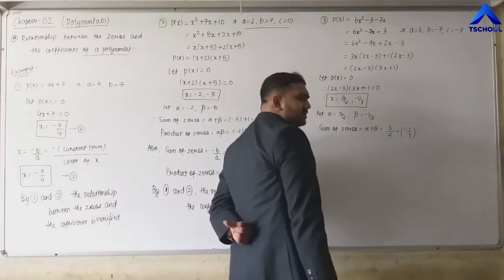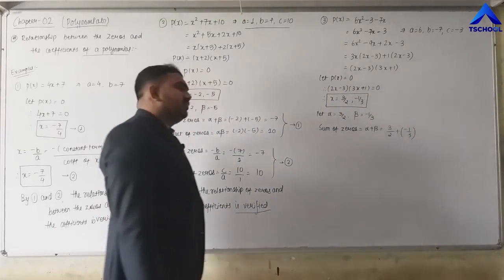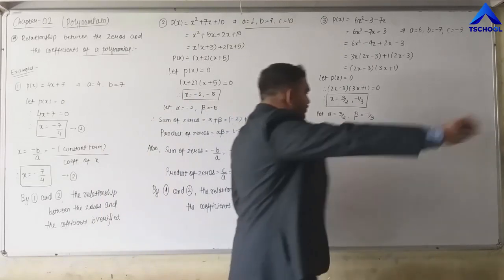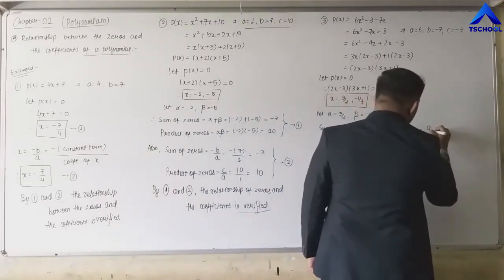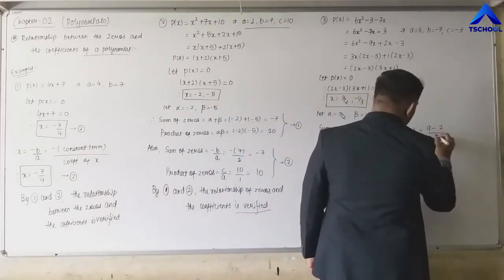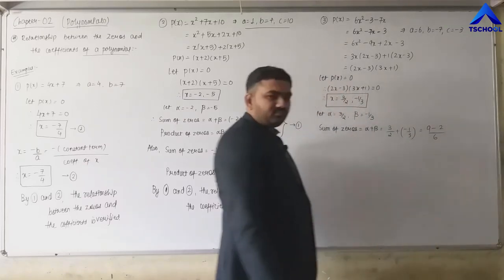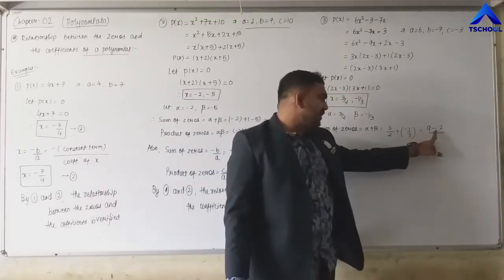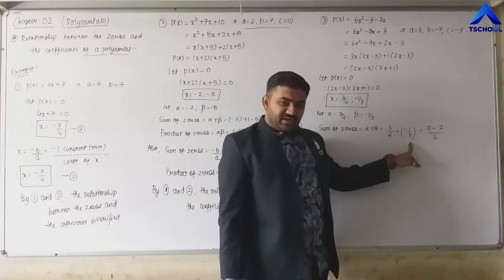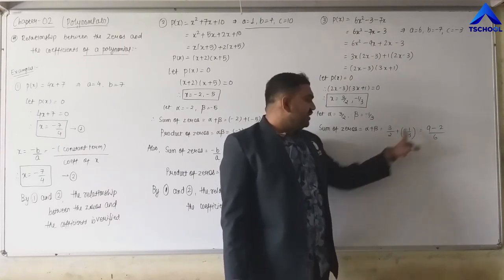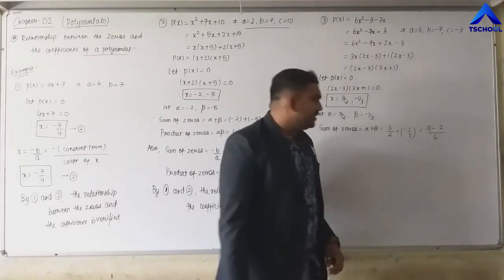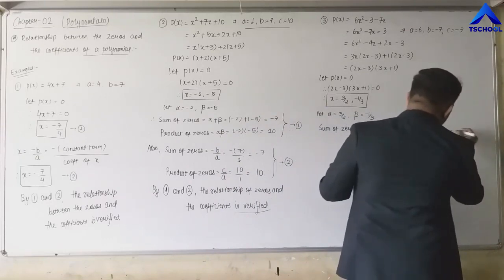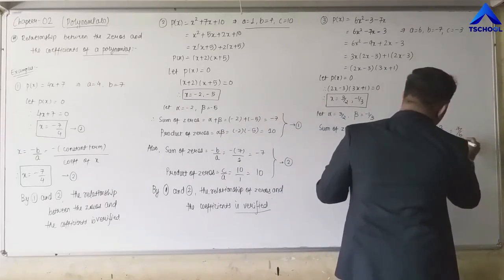You need to add these two rational numbers. So that is equals to 9 minus 2 upon 6. Note that this plus minus will become minus. Then we shall take LCM. 3 into 3 is 9, plus minus 2 into 1, that is 2, divided by 3 into 2 is 6, and that is equals to 7 by 6.